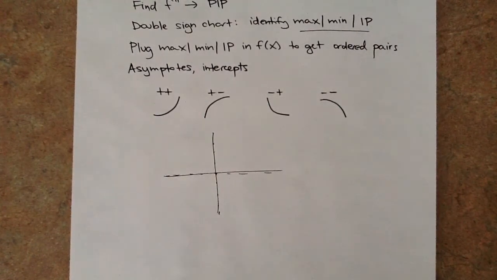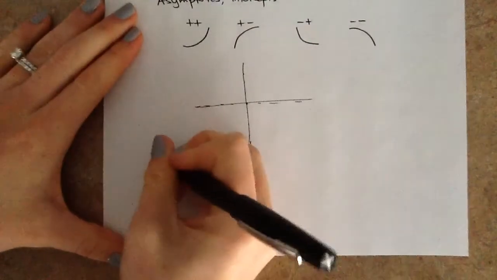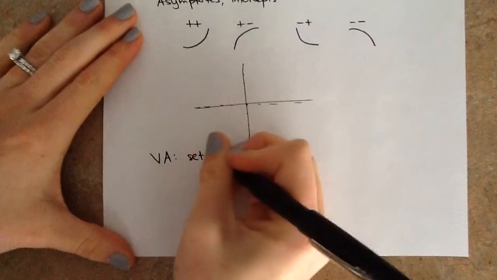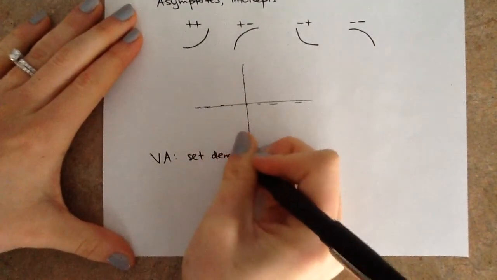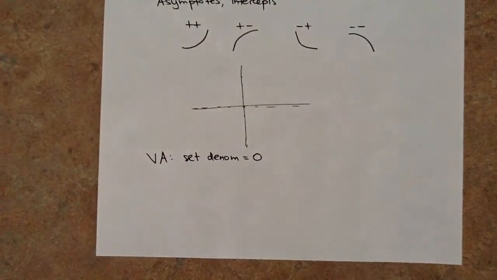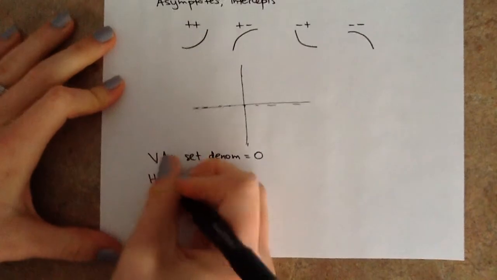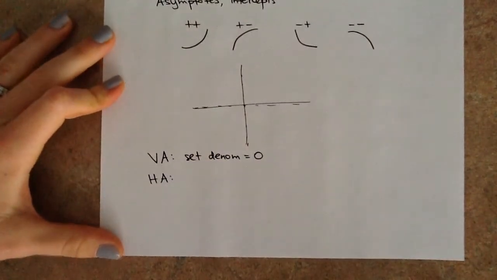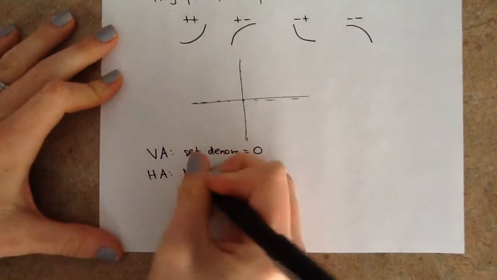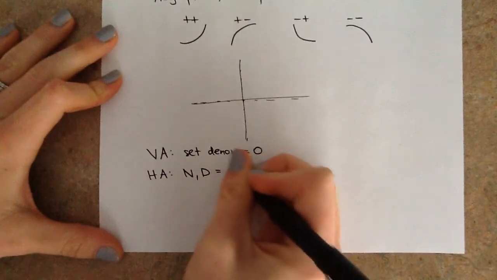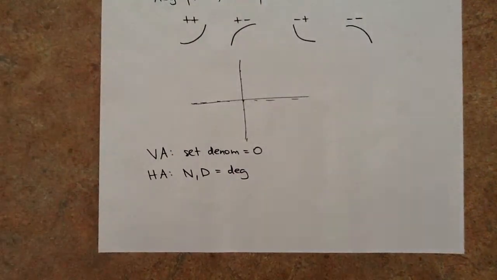Yeah? Can you write the asymptote rules? Oh yeah. For vertical asymptotes, you set the denominator equal to 0. For horizontal asymptotes, it all depends on the degree. I'm going to use capital N and capital D for the degrees, just so I can shorthand a little bit.